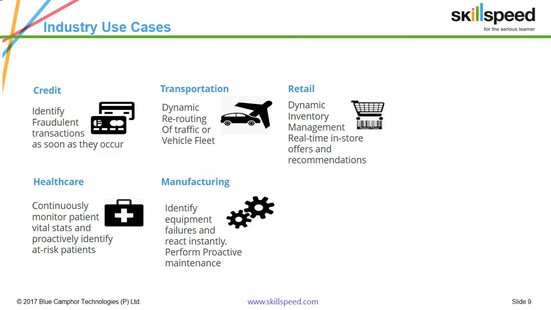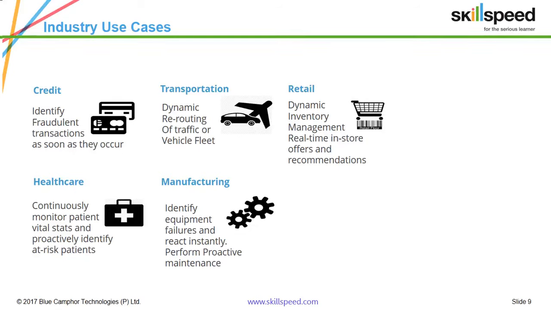Now, if you look at the retail and e-commerce industry, Spark Streaming can be very efficient in dynamic inventory management. So let's assume that you are working with a major e-commerce vendor. Imagine that the holiday season is going on and the vendor has put up a sale on most of the brands.